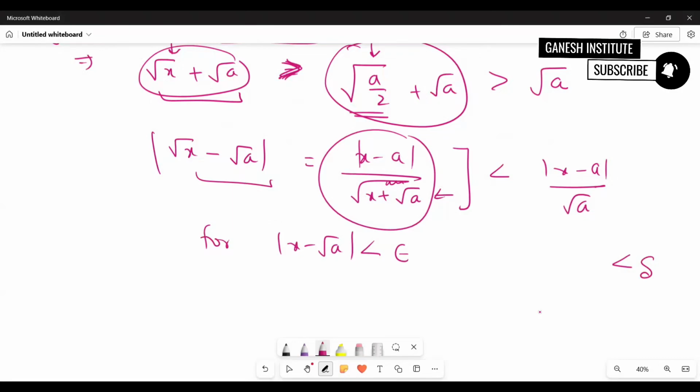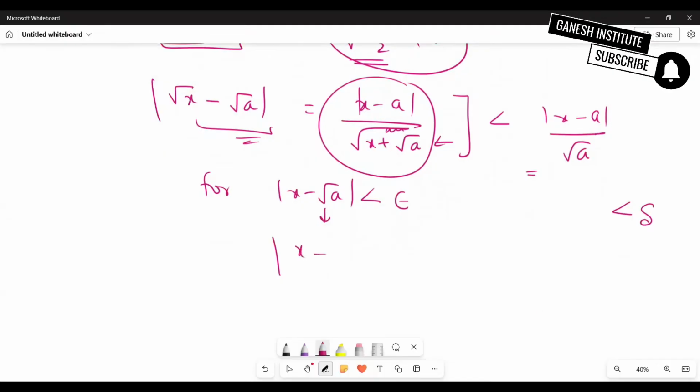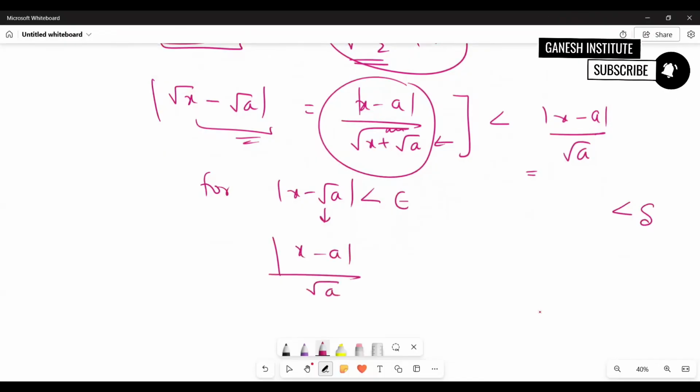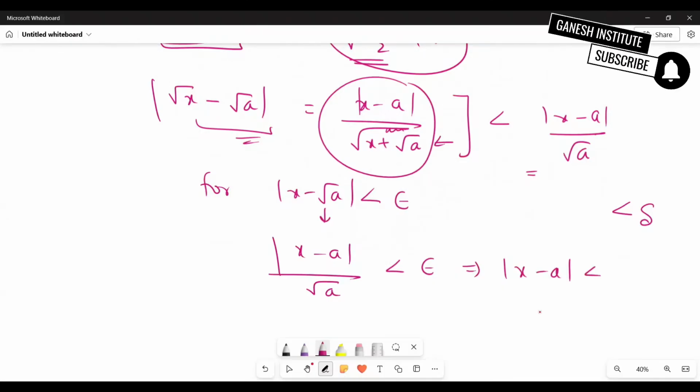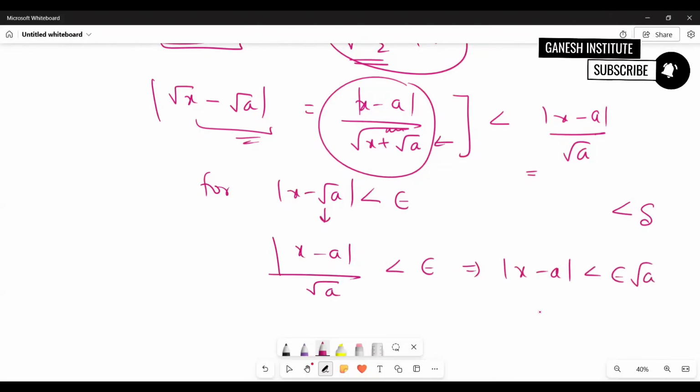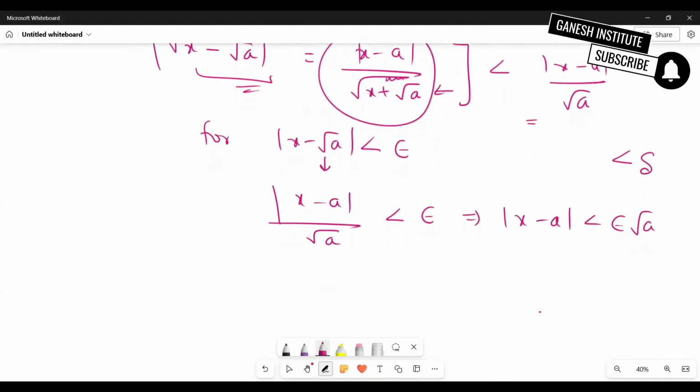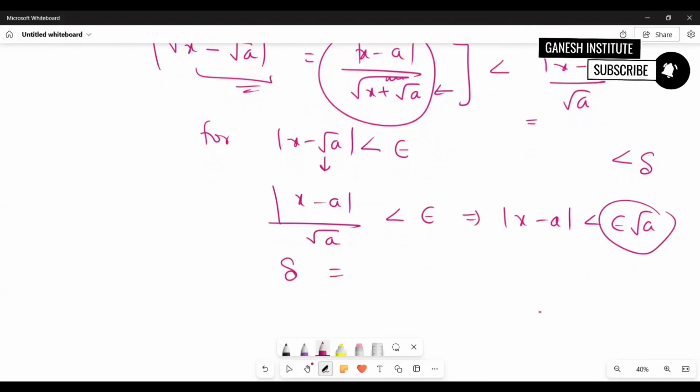So if it is lesser than epsilon, that means x minus a upon root a is lesser than epsilon, right? Then you can bring this root a onto the right hand side. This will give you some sort of this. So you can choose delta anywhere in the neighborhood of epsilon root a.